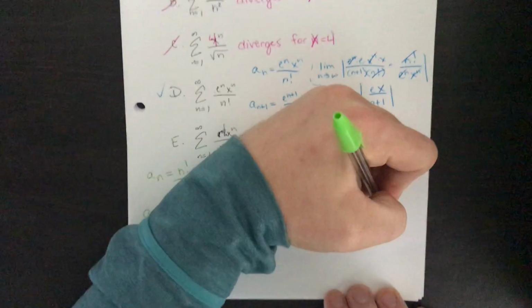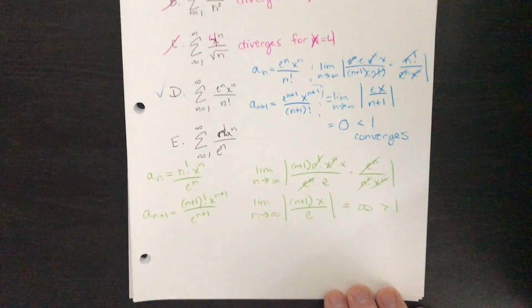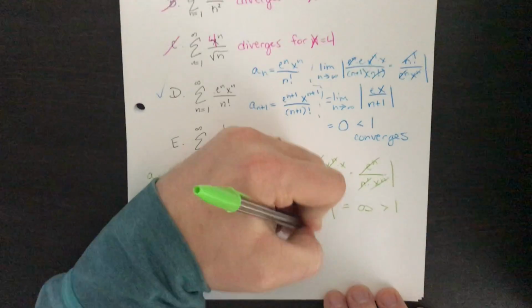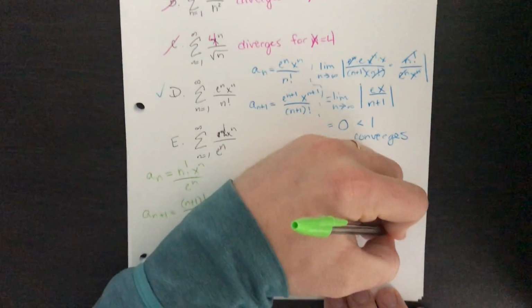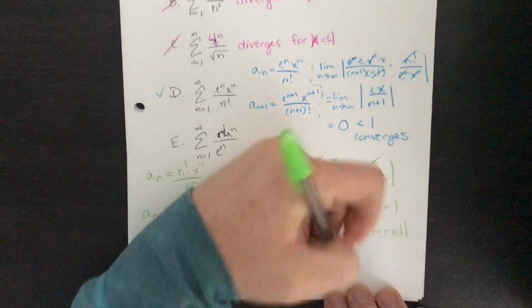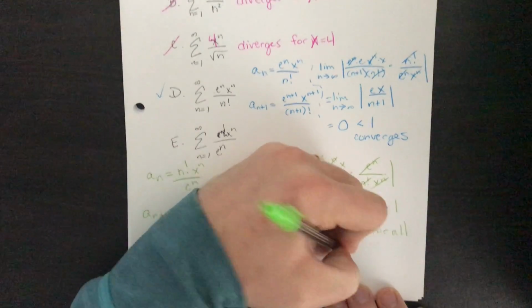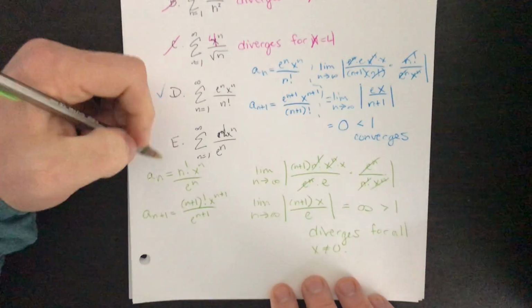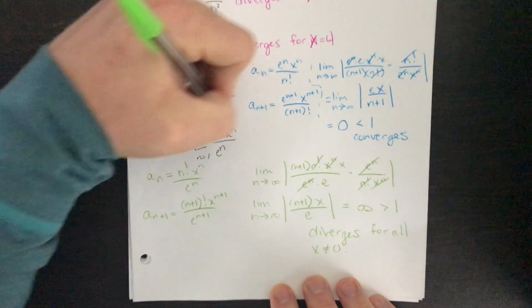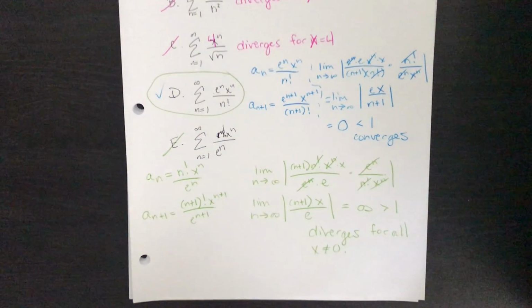So this limit goes to infinity, which is greater than 1. Therefore, we know this actually diverges for all x not equal to 0, because our center here would be 0. So E is also out, leaving us with just D as our final answer.